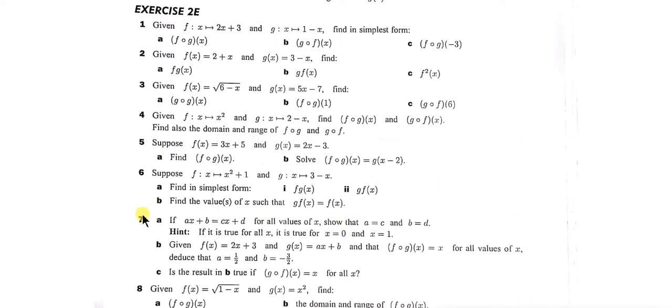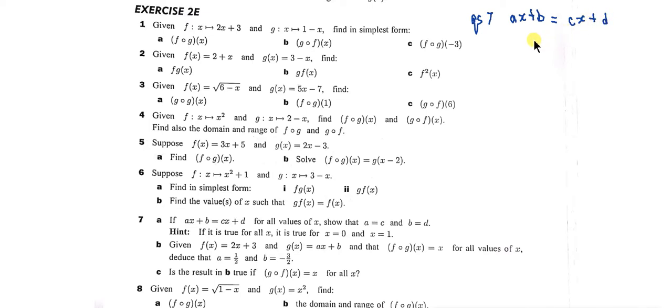Let's look at question number 7. Ax plus b equal to cx plus d.